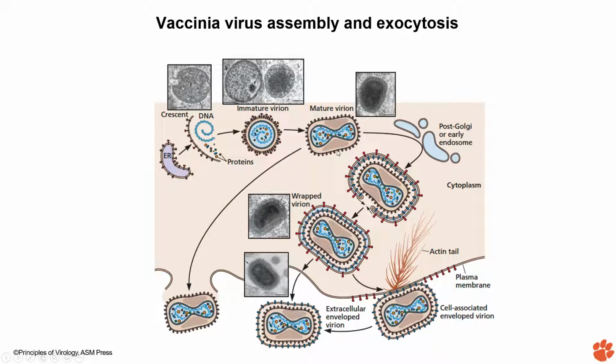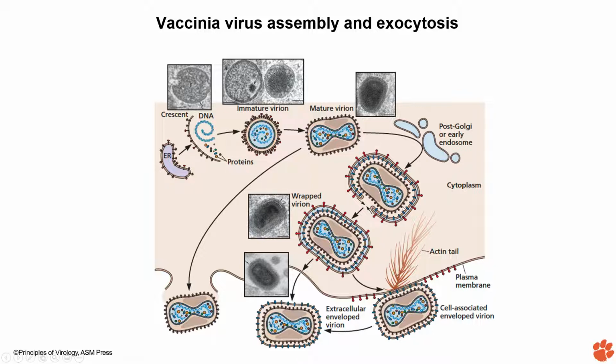But there is another route, which is the most interesting part. These mature virions can be enwrapped with the post-Golgi or the early endosomes. If you look at that, it does not go inside those, but rather they enwrap themselves. This will get elongated and enwrap itself with the double membrane. So look carefully at this picture.